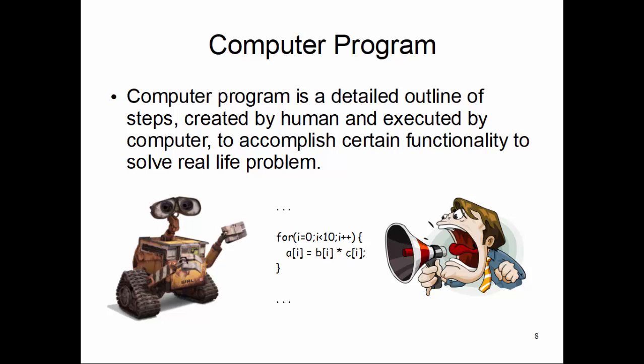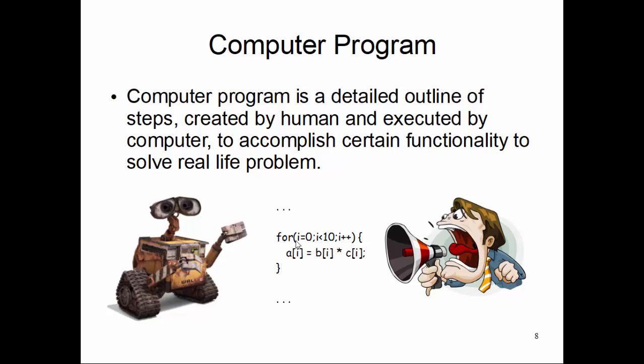Just for some fun, I selected a picture of Wall-E and some instructor shouting that I need to do this: for i equals 0, i less than 10, i plus plus, a[i] = b[i] multiplied by c[i], etc. The point is that Wall-E was probably an intelligent machine, and you do not need to give that detailed step.